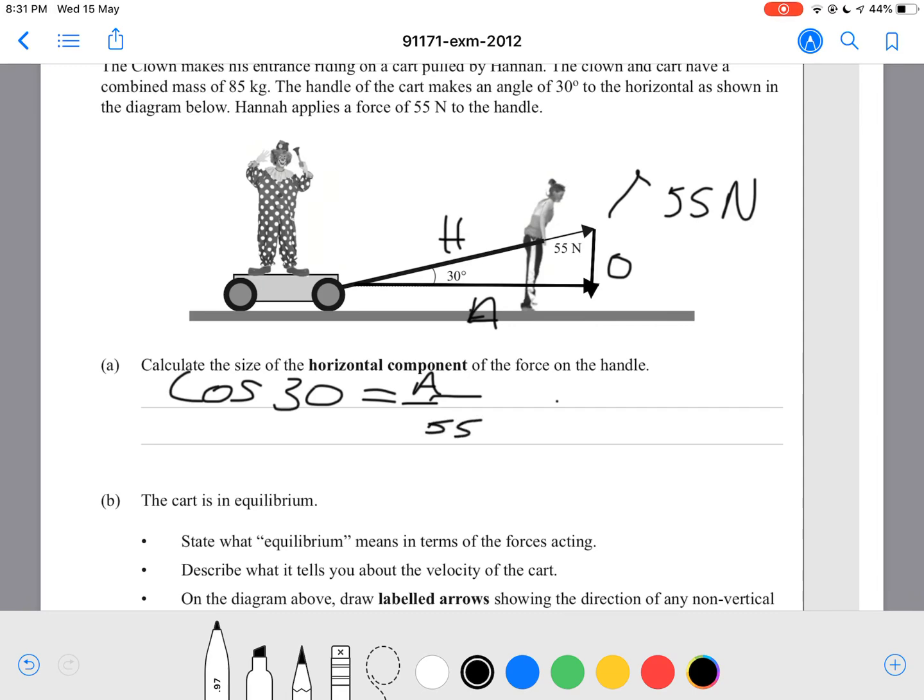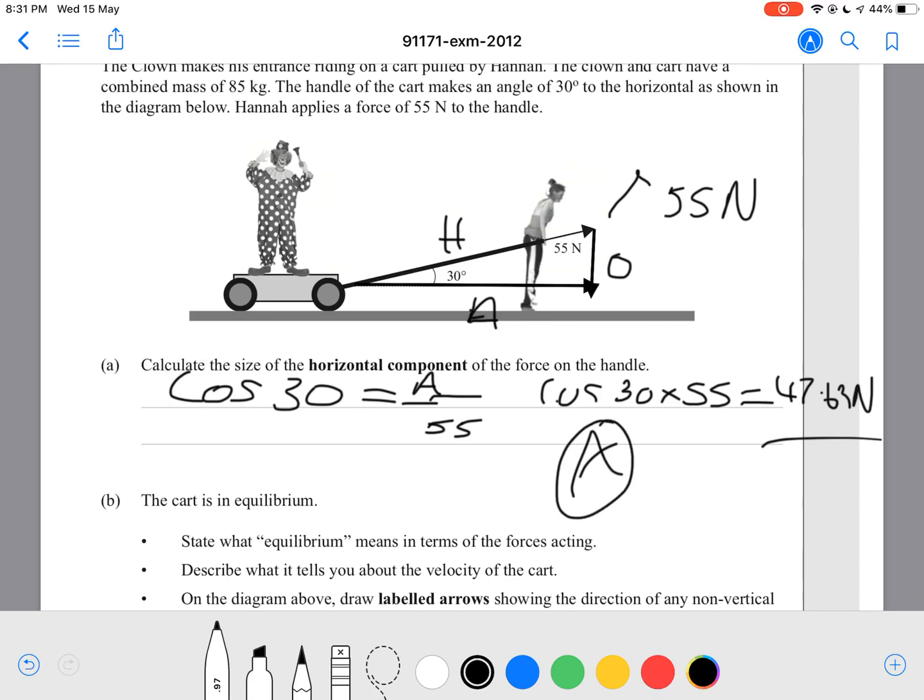So cos 30 multiplied by 55 equals A, and that gives us 47.63 newtons. That means the horizontal component is 47.63 newtons. That's pretty straightforward. You should be getting an achieved grade for getting to the final answer with the working.